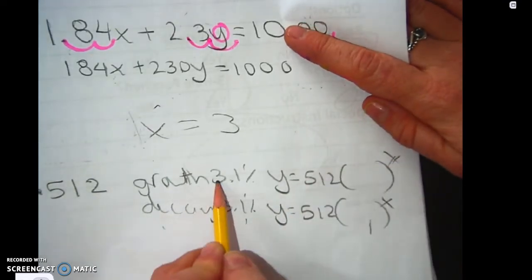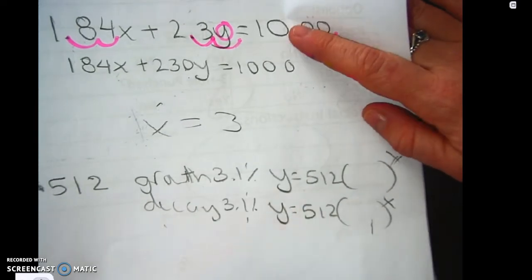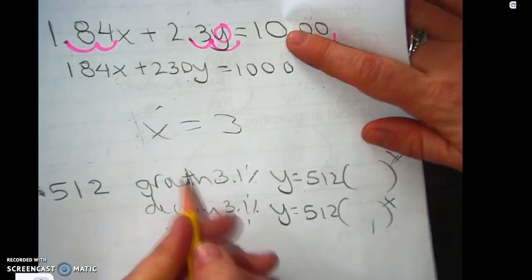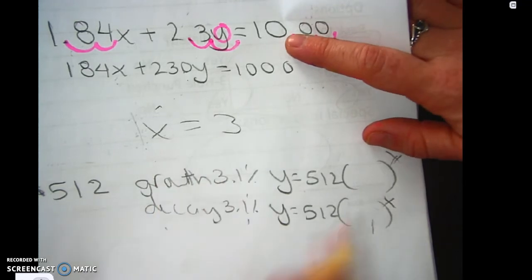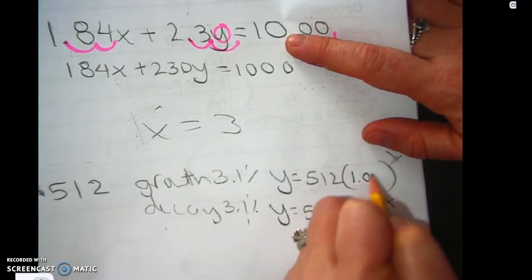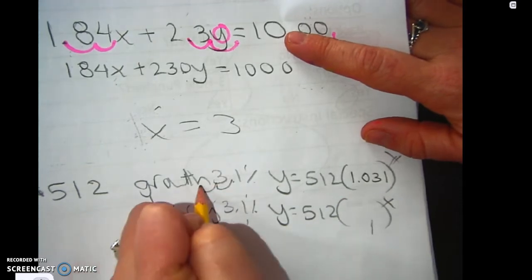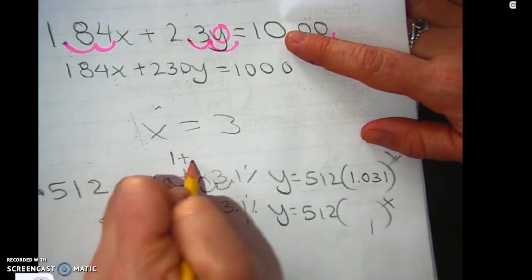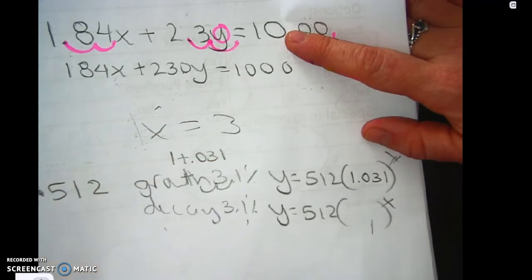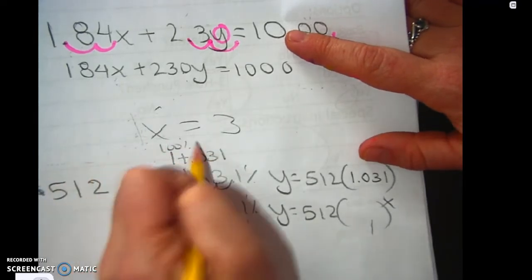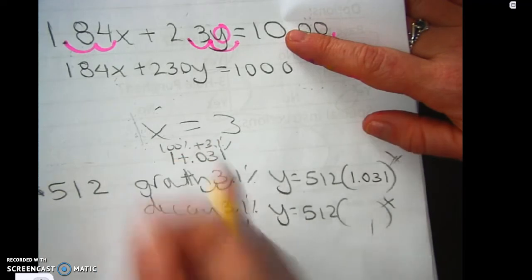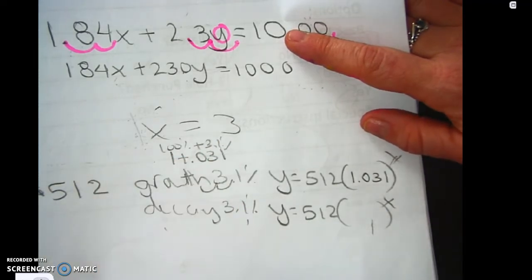If I grow my money, I'm going to have more than $512 by an additional 3.1%. Okay? So it would be 1.031. Because what I'm doing is moving it over twice, and I'm going 1 plus 0.031. Or 100% plus 3.1% is 103.1%.